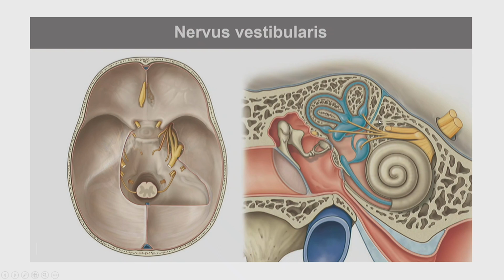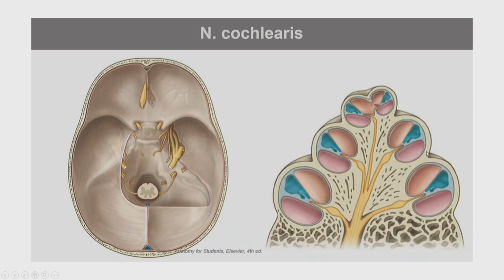And this is responsible for the balance and equilibrium. And we have a cochlear nerve, which is responsible for the hearing, and both of them have a special pathway that in the nervous system we are going to discuss.